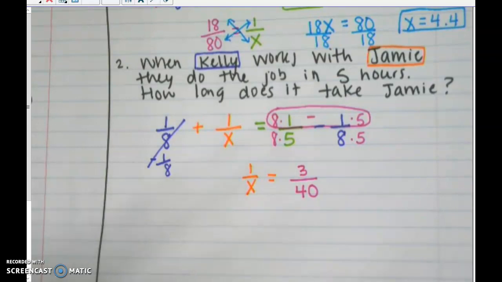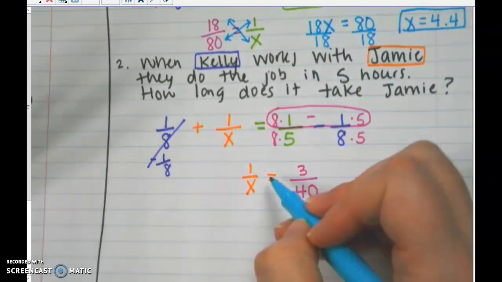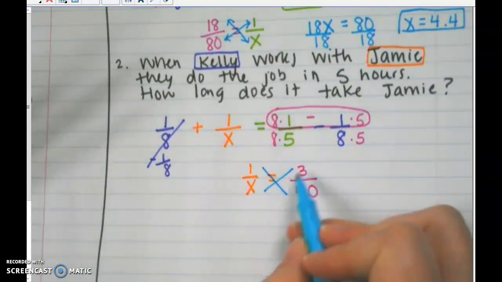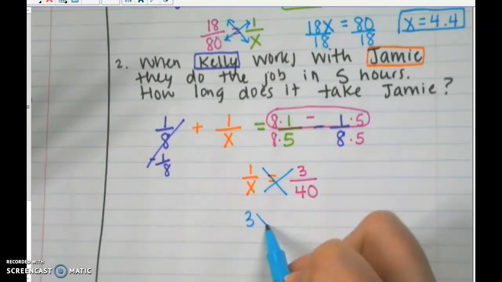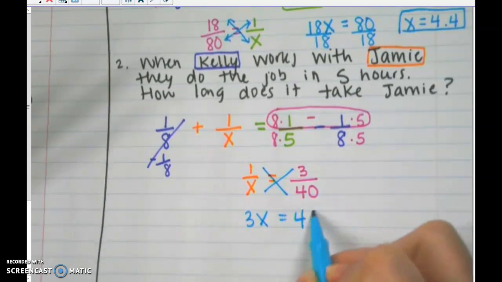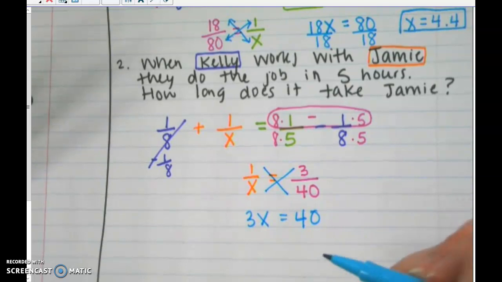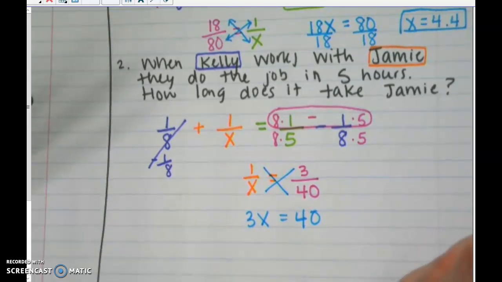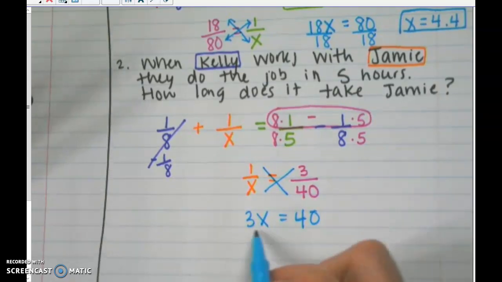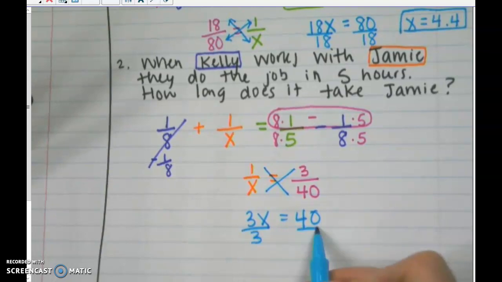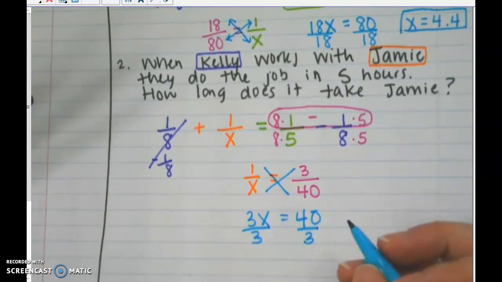All right, so again from here, I'm going to cross multiply. 3 times x is 3x. 1 times 40 is 40. Remember that cross multiplying gets rid of the fraction. So if you cross multiply, I should not see any more fractions after that step until you go to divide by the number in front of x.